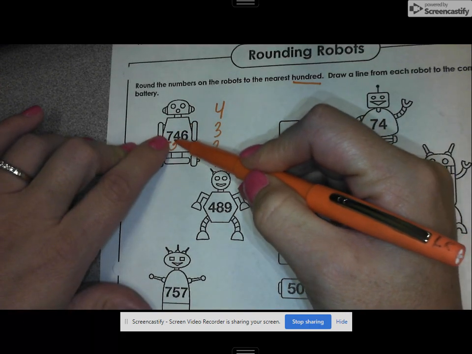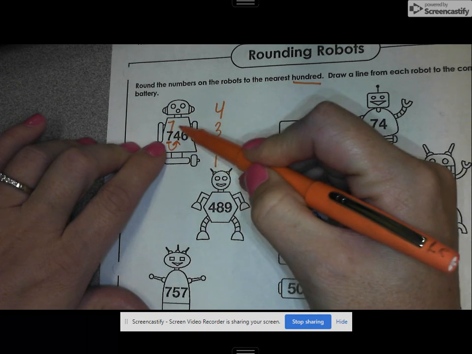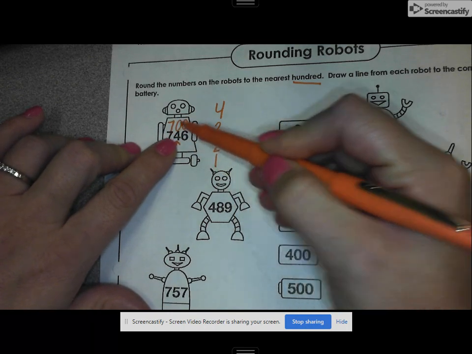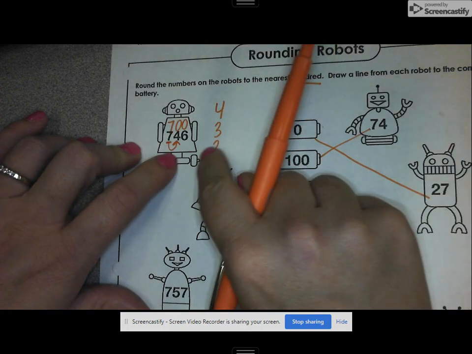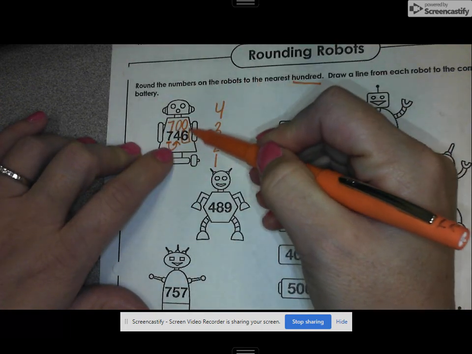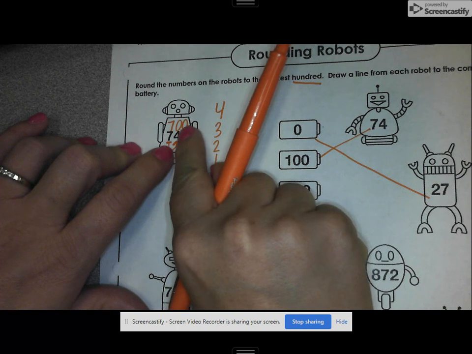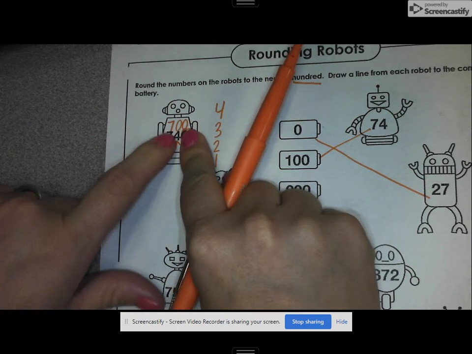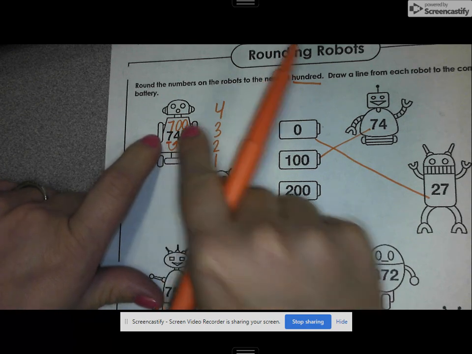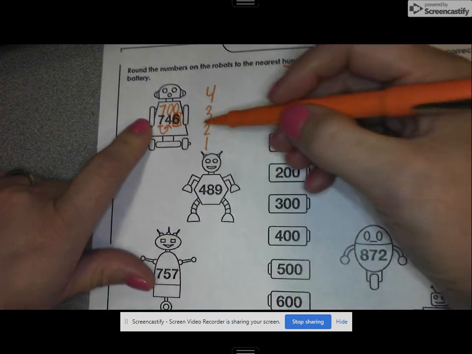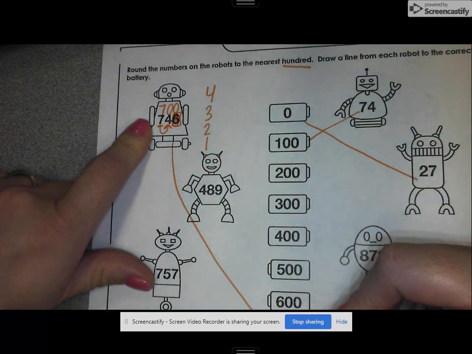So 4 tells a 7 to just stay a 7, and then everything behind it becomes a 0. The biggest thing to remind them is that when you're rounding to the nearest 100, the ones place doesn't matter. We're not worried about it, we're not looking at it. We're just focused on the hundreds place and what the neighbor tells it to do. So 746 would round to 700.